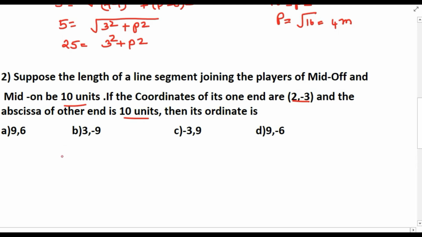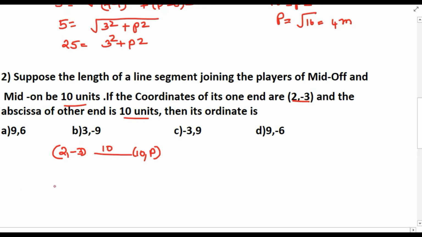So here also we need to use the distance formula. The first end coordinate is (2, minus 3), and the other end is (10, p), since we don't know the ordinate, and the distance between them is 10 units.